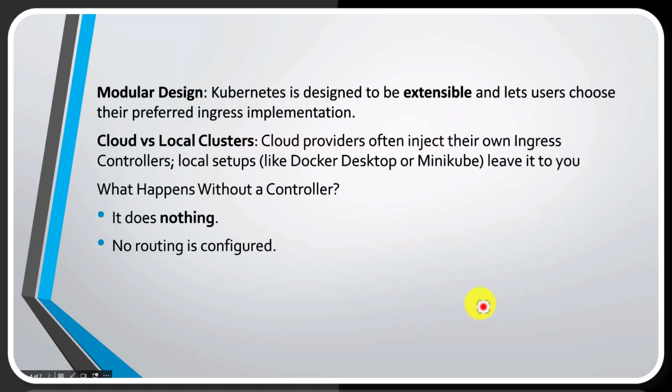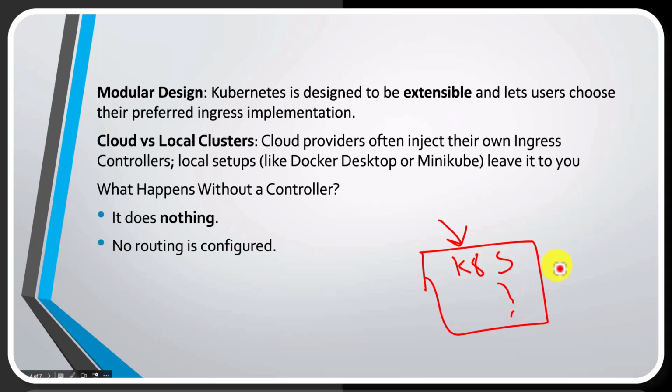Kubernetes is designed to be extensible and lets users choose their preferred Ingress implementation. One question: do we get any default ingress with Kubernetes? The answer is no. There is no default ingress that comes with Kubernetes, but Kubernetes gives the feasibility to extend.